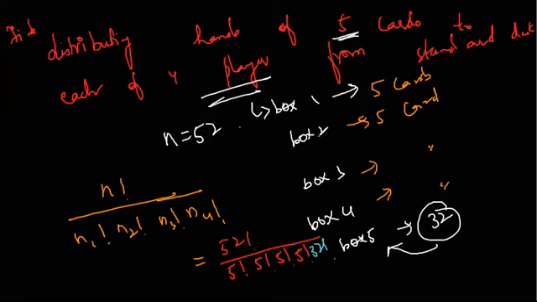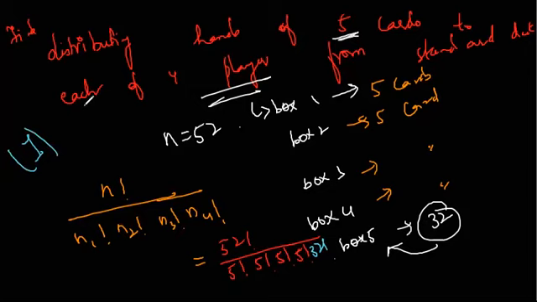That is, apart from the 4 players, the person handing out the cards will have 32 cards left, and those 32 cards also need to be mentioned. So the formula for the number of ways of distributing hands of 5 cards to each of 4 players will be 52 factorial by 5 factorial four times, and then finally 32 factorial. So this is the first case of distinguishable objects and distinguishable boxes.